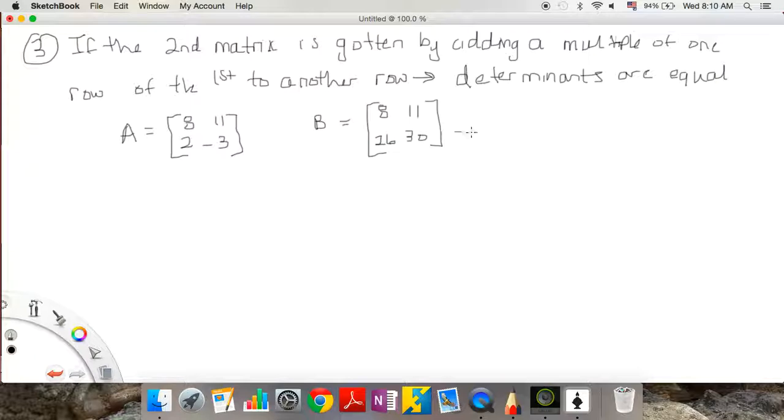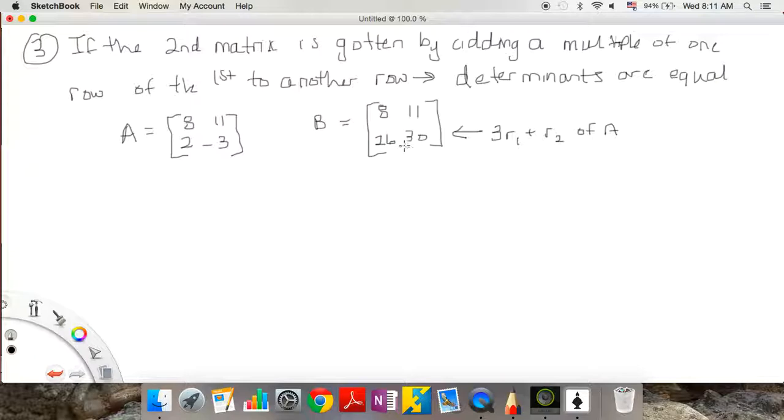If we look at this one right here, if we take the 3 times row 1 plus row 2 of matrix A, that's how we get this one. 24 plus 2 is 26, 11, or 33 minus 3 is 30.